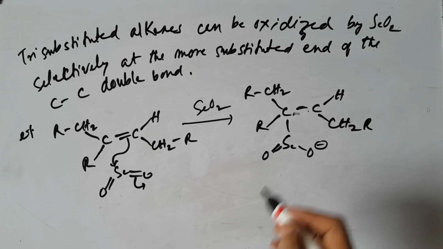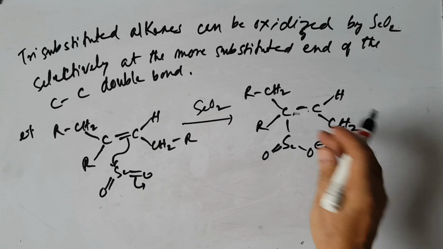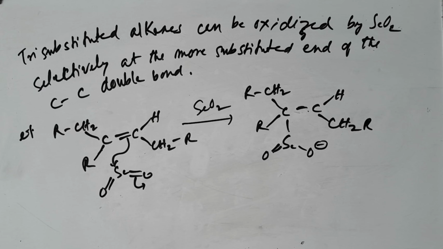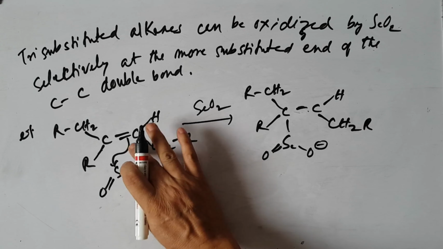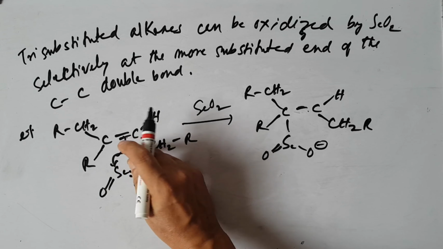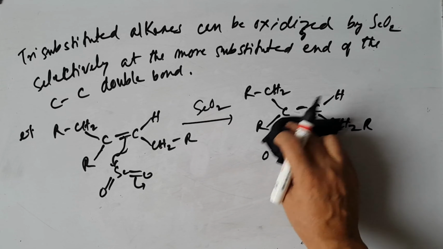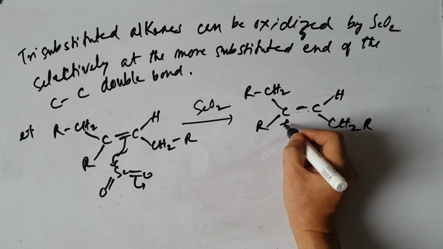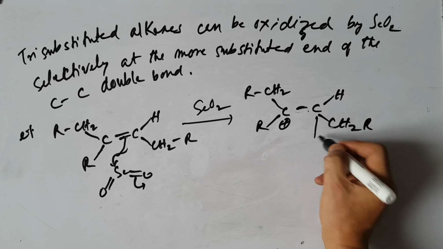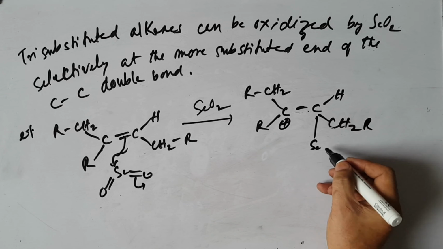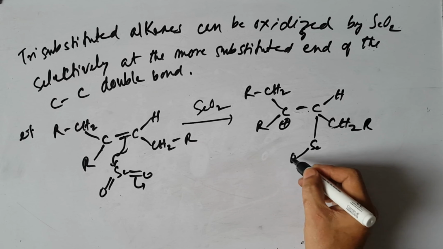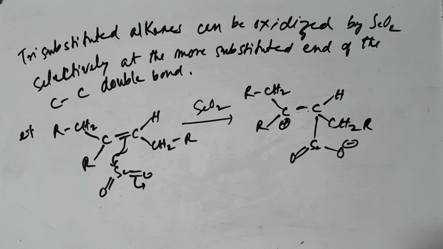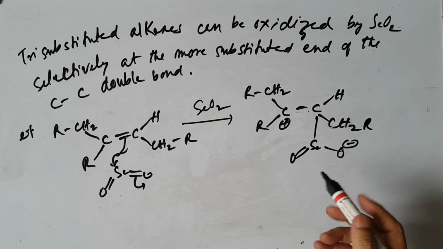So we get an intermediate. The most substituted side is linked with the selenium, so there is a positive charge here, and we can write the SeO2 as O double bond, O negative charge. That is the first step.